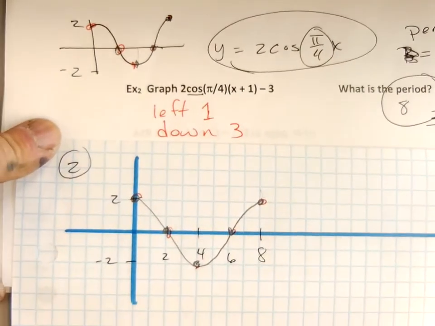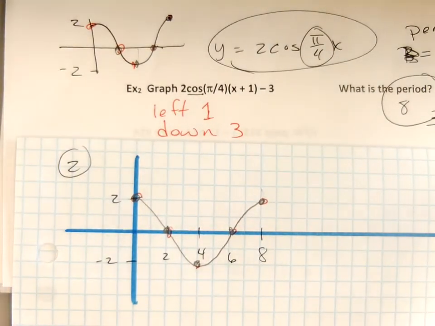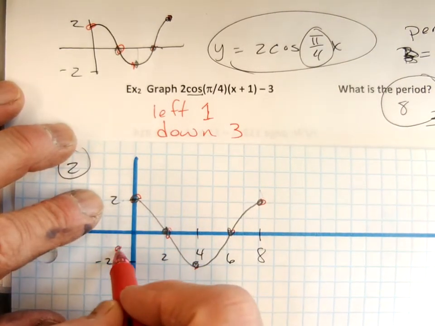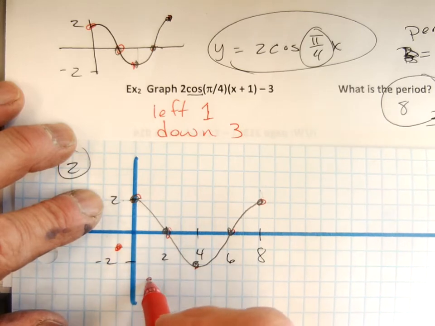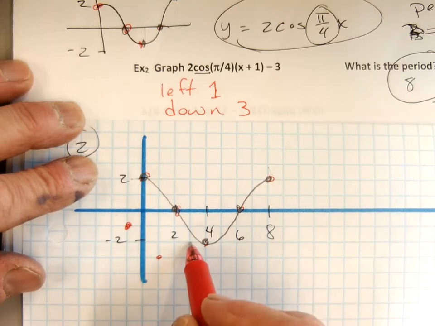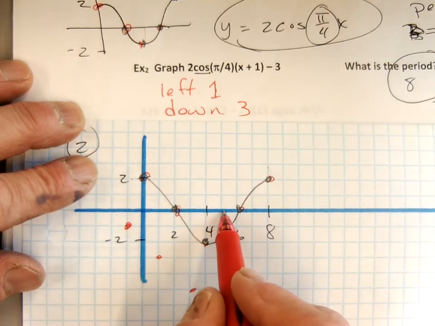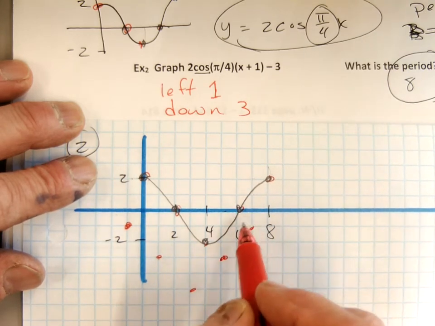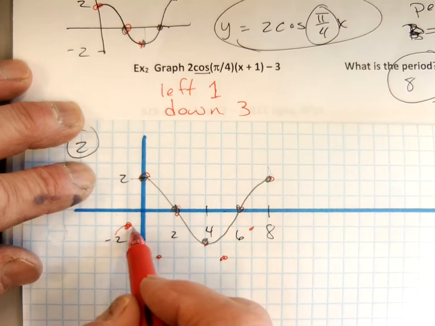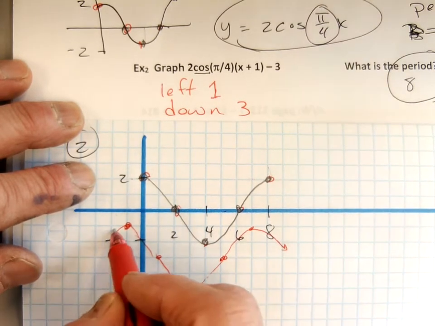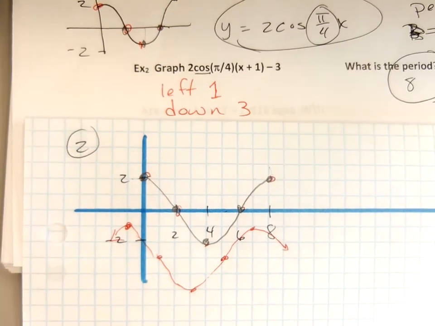I go left 1, down 3, left 1, down 3, left 1, down 3, left 1, down 3, left 1, down 3, and now my cosine curve looks something like that. So we shifted it, didn't we?